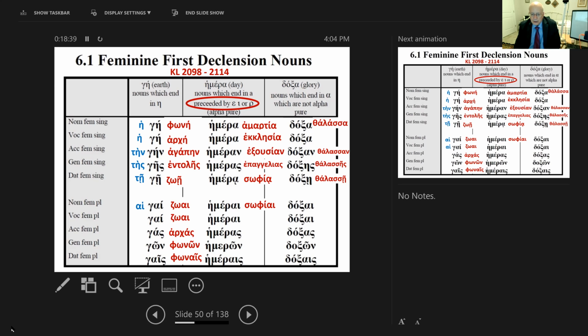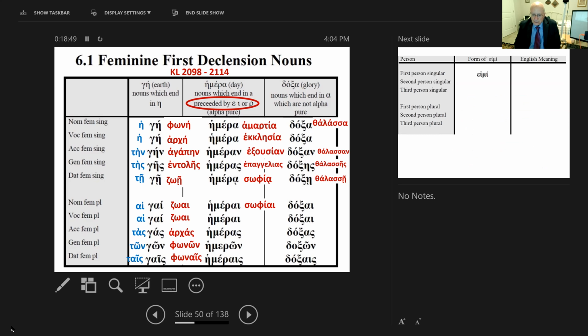Now the plural is hai, and the ending is also ai, so the plurals will be the same, except that with the accusative, we have tas, and with the dative plural, we have tais. The genitive plural will always be tōn for every gender, masculine, feminine, or neuter.